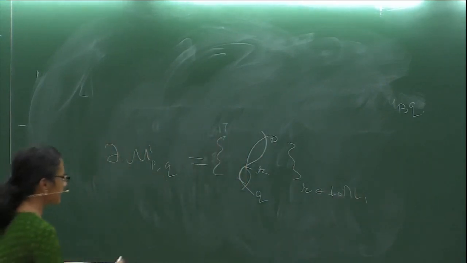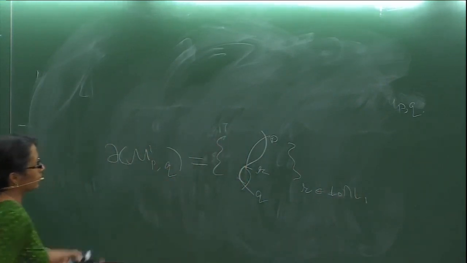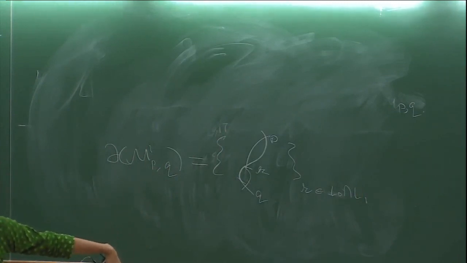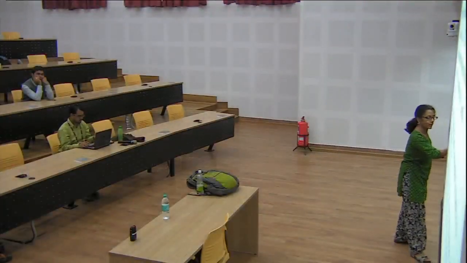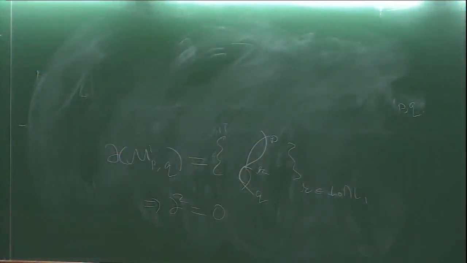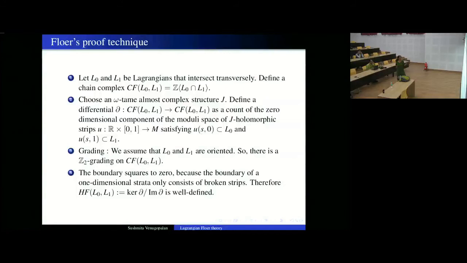And this is exactly all the contributions to the square of the coboundary operator. So this is exactly like the Morse case. And therefore, since the boundary squares to 0, we can actually define the cohomology. Any questions?